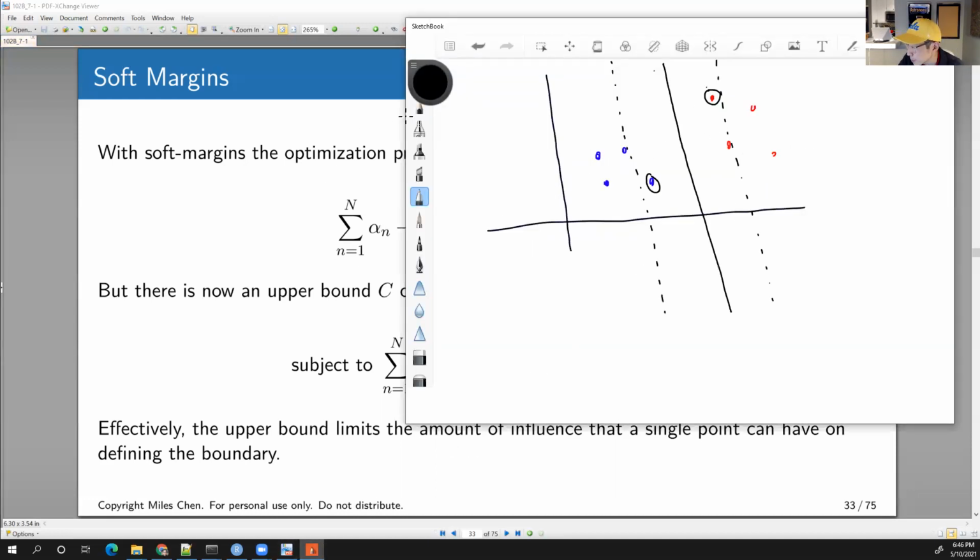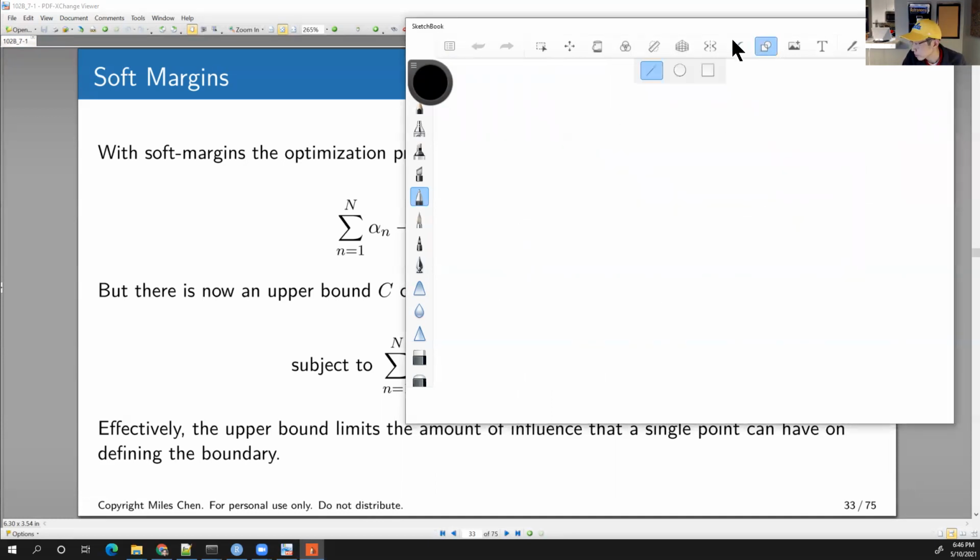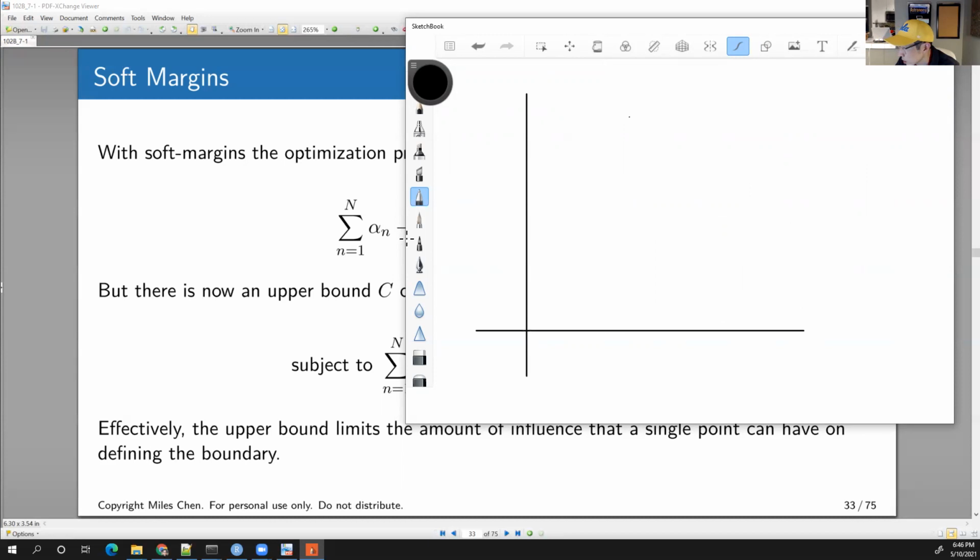So for example, let's say we have data that look like this.